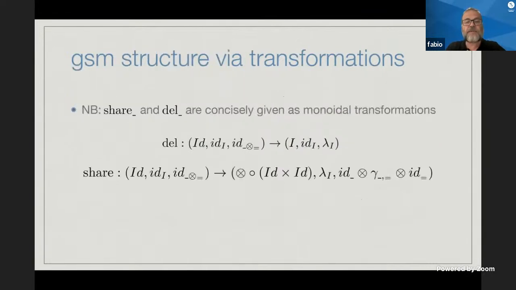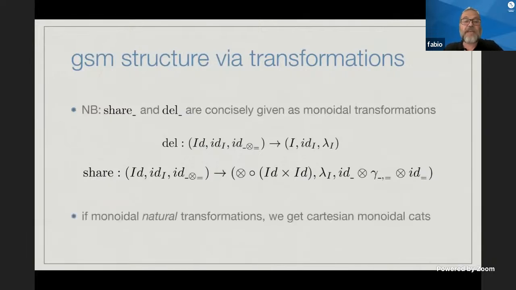Why is this interesting? Well, because in principle, share and del can be consistently given as monoidal transformations. Instead of giving all the axioms, well, these are two monoidal transformations between these two symmetric monoidal functors. And we will use these later on. If they are natural transformations, then it means that all the arrows are total and functional.